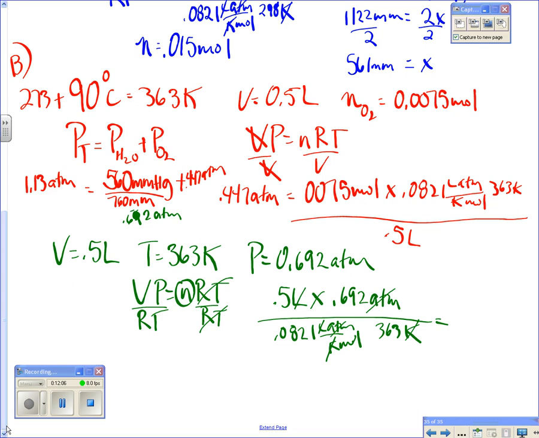And so if we plug all that stuff in, we end up with 0.0116 moles of water vapor. So a scary problem, but really not all that scary if you just gather up and see what you know. So this is question C.